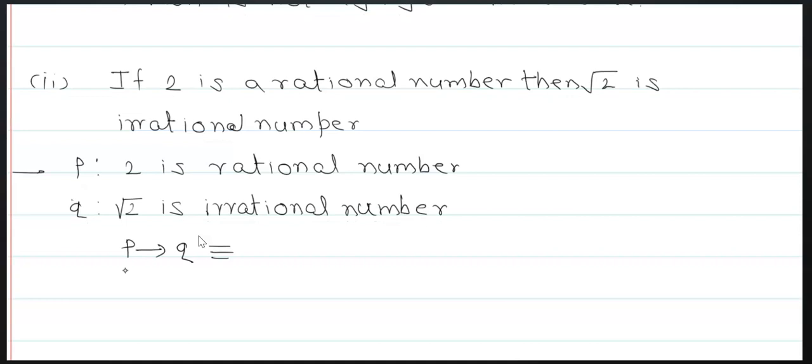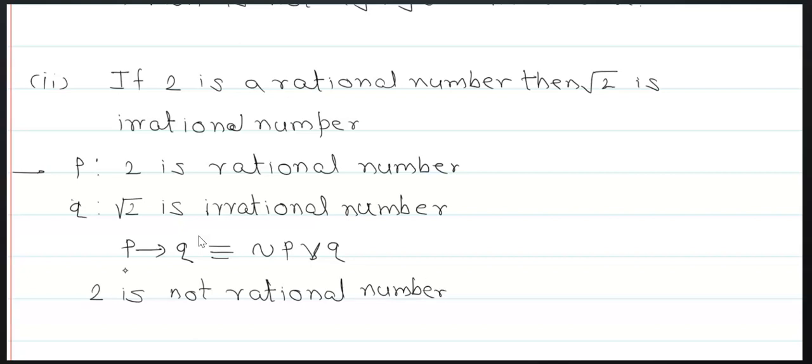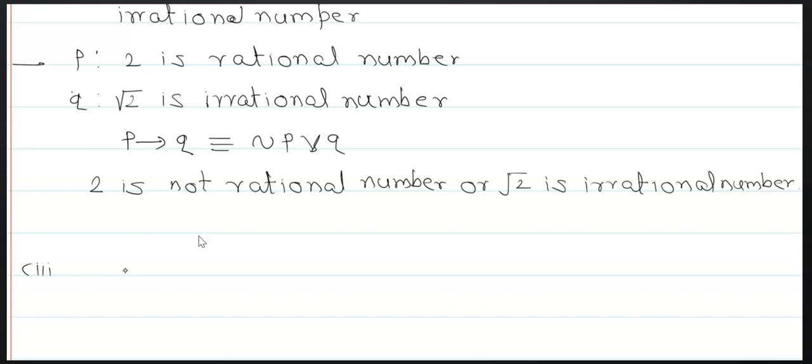Now here P implies Q is equivalent to negation of P or Q. Therefore, the statement can be written as two is not a rational number, or root 2 is a rational number.